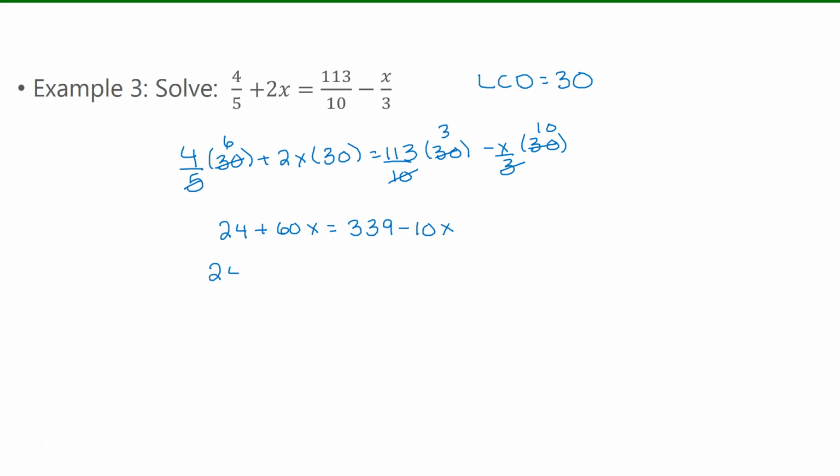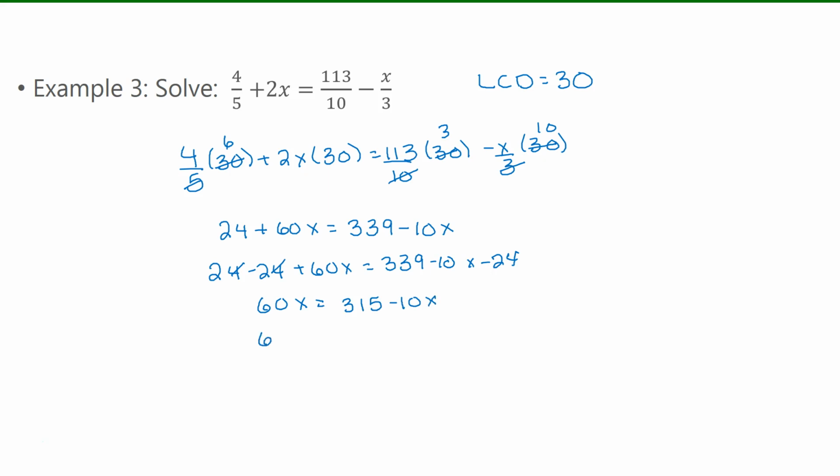So now I'm going to subtract 24 from both sides. So we get 60x is equal to 315 minus 10x.